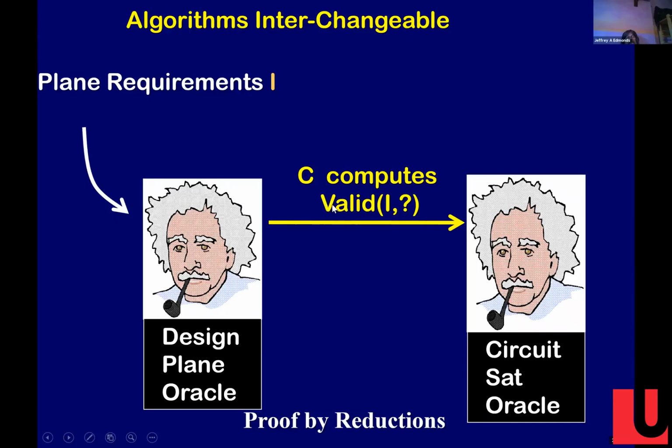Well, I had a Java program that could tell me about airplanes, and I converted it over to a circuit. And then I took that circuit and I took the airplane requirements that I have and I plugged them in here, right? And so now this is a circuit that is satisfiable.